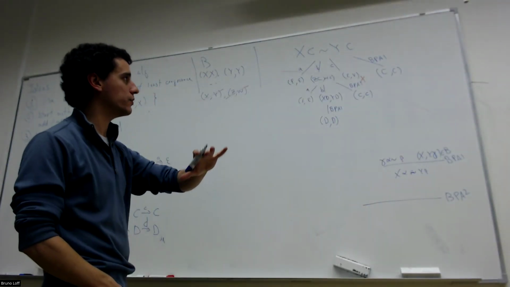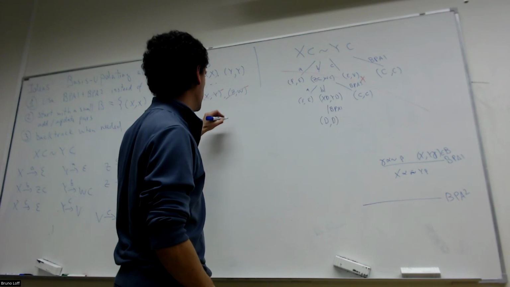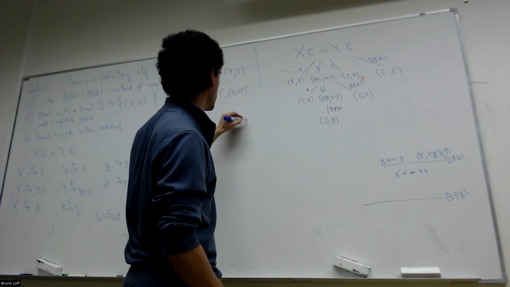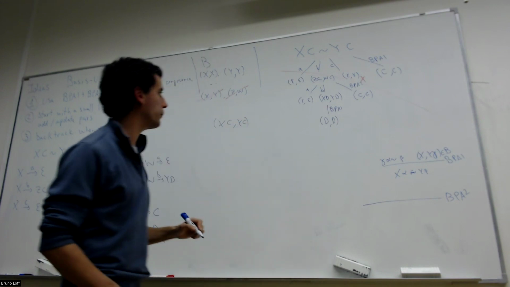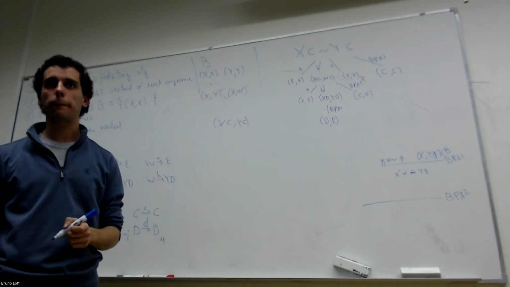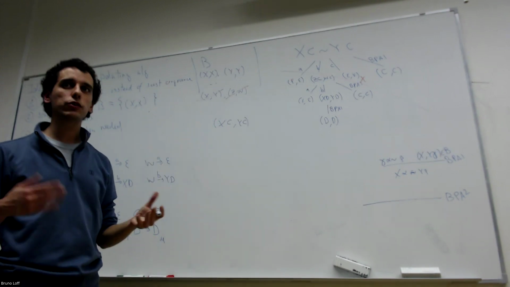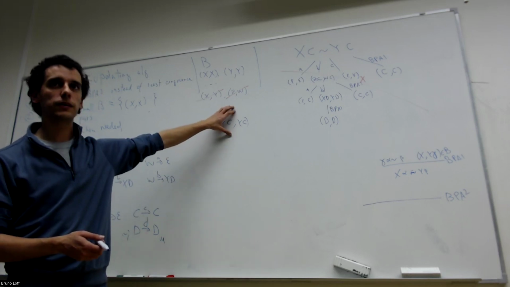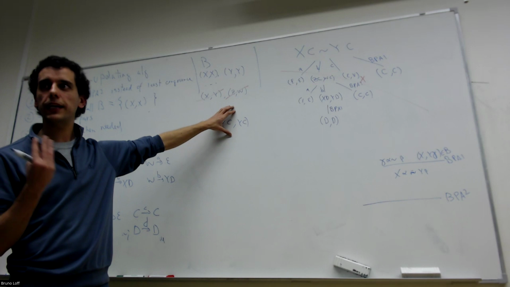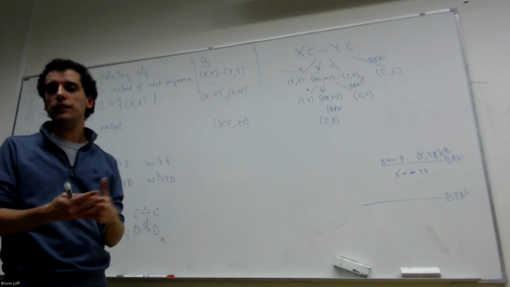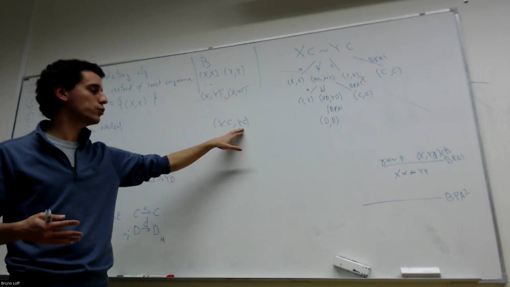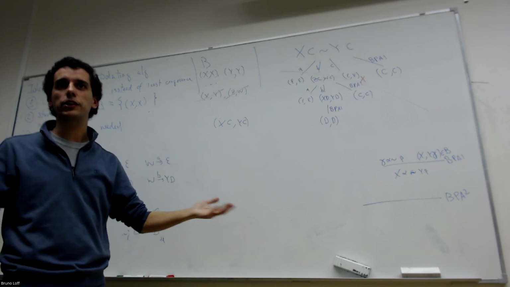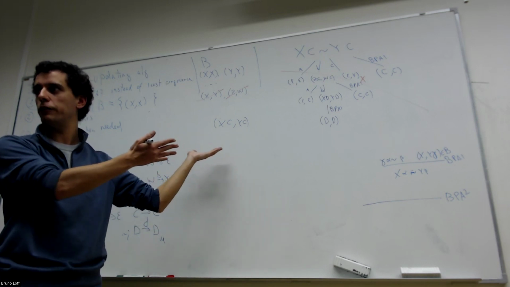I've scratched everything here, and now I'm going to start again. But now I'm going to guess that this is a BPA2 pair. This means that I need to guess an alpha and a beta, but I already have: it's this pair. So I use the very same pair as my guess, because I know that if there is a solution, it's unique up to bisimilarity. So I might as well just take the one that I have in front of me.